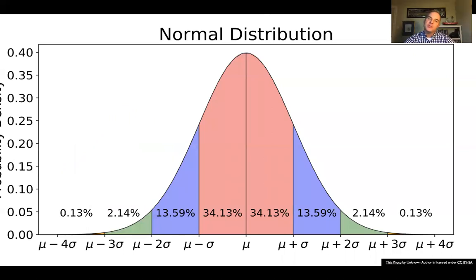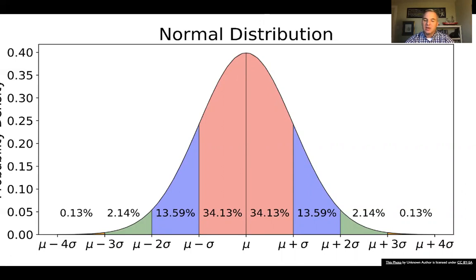The normal distribution takes advantage of our understanding of percentiles and our understanding of the probability distributions that go along with it. So in our normal distribution, the mean is mu. That's the Greek letter mu right there in the middle, which stands for the mean, right? So the mean is right there in the middle, the mean, the median, and the mode all being the same in this normal distribution.